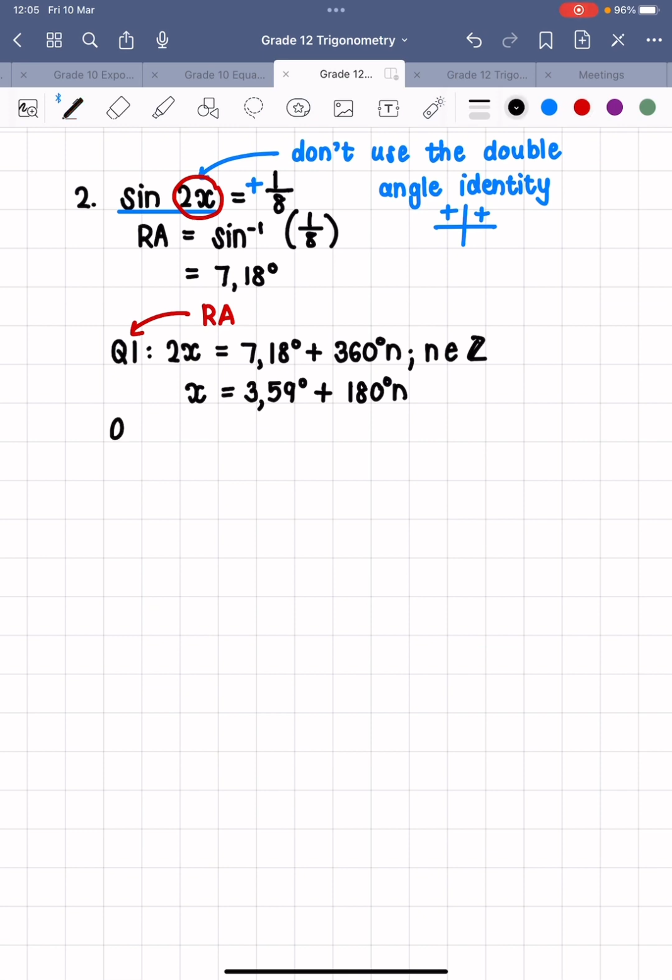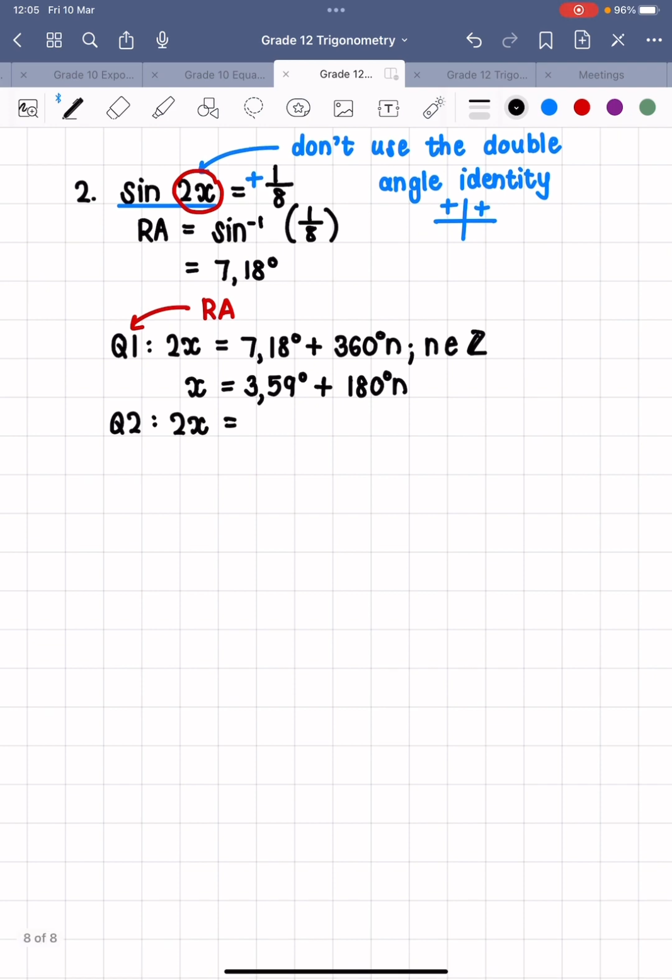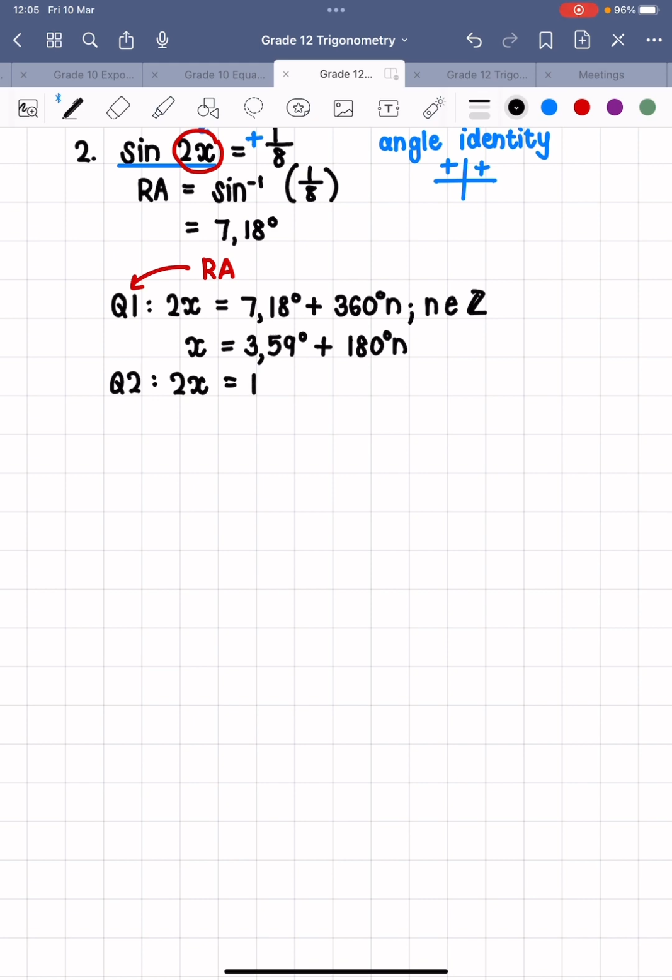Okay, quadrant 2. Again, our angle, which is 2x. What do I do in the second quadrant? 180 minus the reference angle, which is 7,18.